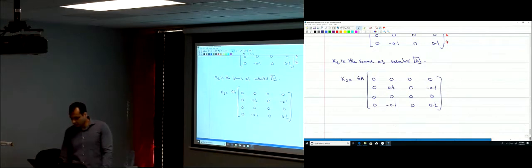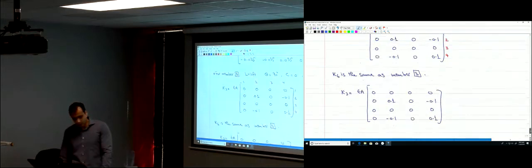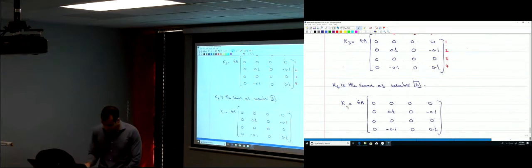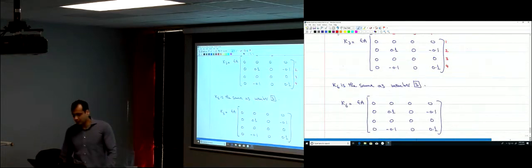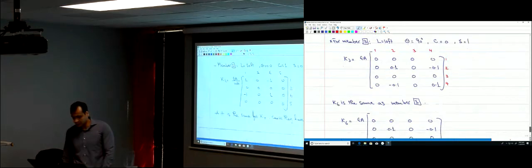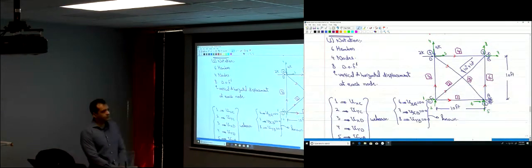This labeling 1, 2, 3, 4 was for member 3. Now we need to label it for member 6, K6 now. So let's see, member 6, what's the start and what's the end? How should we label member 6? The degrees of freedom for member 6.